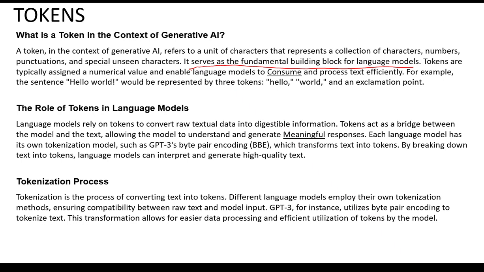We are primarily conversing with the language models to get the text back, like a complete sentence back. So the question which we are putting to the LLM is broken down into tokens.